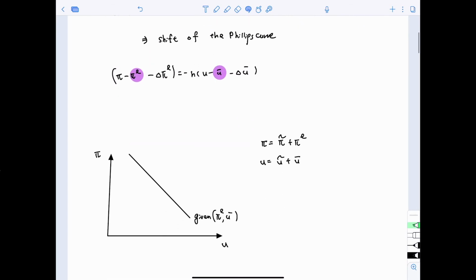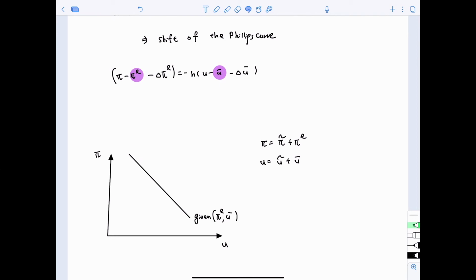Therefore, in the graph, we say if we are given a set of the expected inflation rate and the natural rate of unemployment, then we are going to get the negative relationship between pi and u, because pi is the actual inflation rate, which is the sum of the unexpected inflation rate plus the expected inflation rate, and the U equals the cyclical unemployment rate plus the natural rate of unemployment.